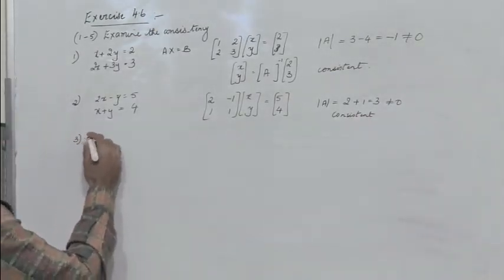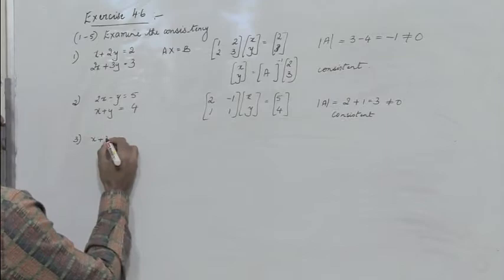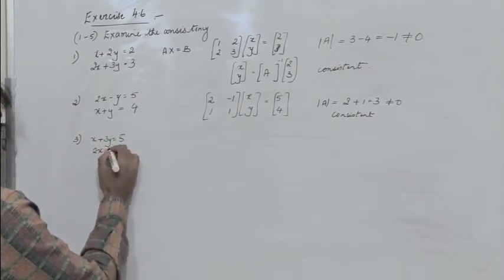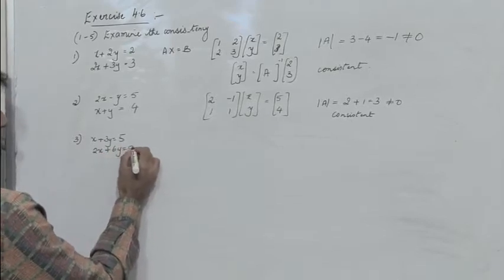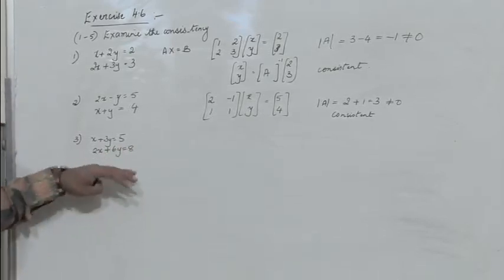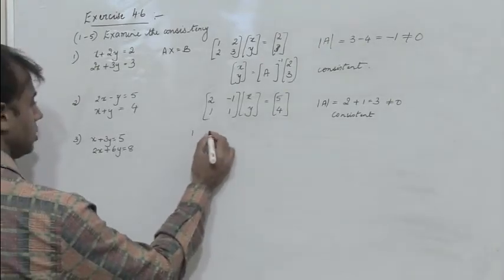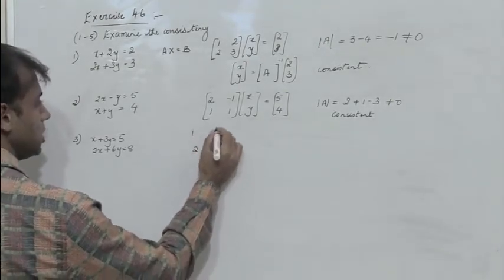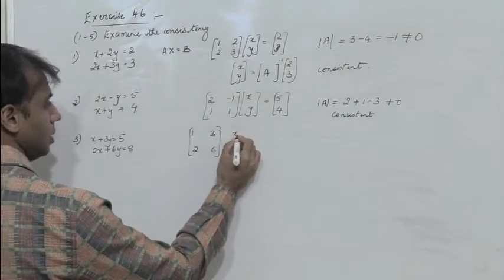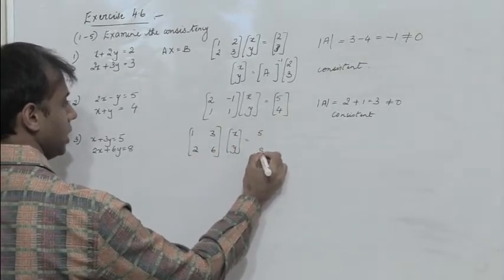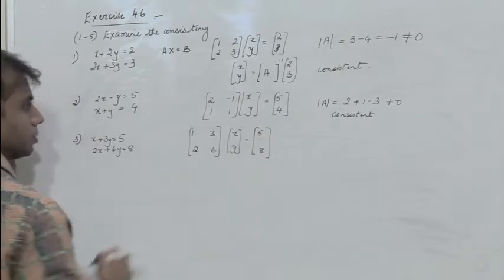Next 3. So we have x plus 3y equal to 5, and then 2x plus 6y equal to 8. So again, writing the set of equations in the form Ax equal to B, I have 1, 3, 2, 6 and x and y equal to 5 and 8, right?